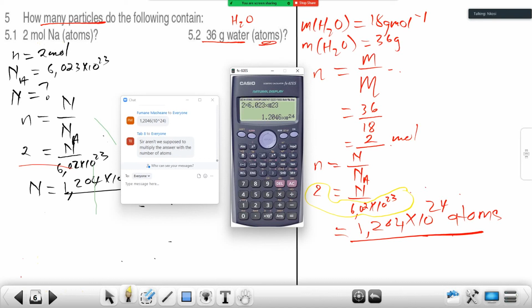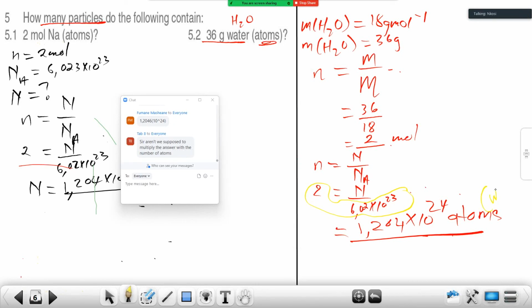That is not what the question is saying. So if the question was specific to say we want the number of hydrogen atoms in water, then we will follow suit to say we must multiply now the number of atoms, that is 2, with now the final answer that we got. But I must say, it's water atoms, if you are getting me right.